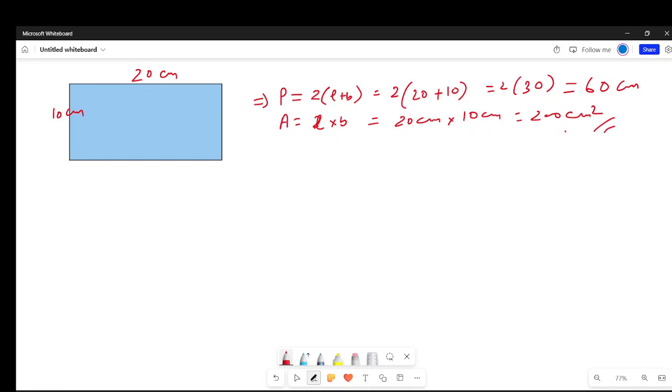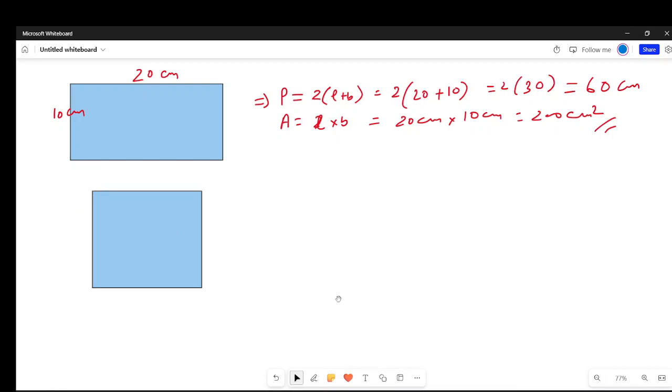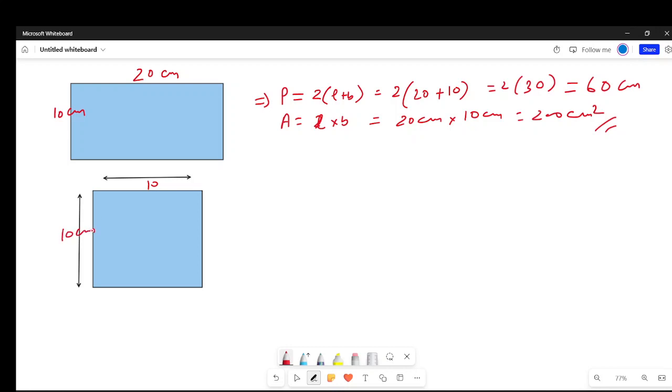Now, how can you find out the area of other shapes, such that if we draw a figure and each of these lengths is the same, this and this the same length, then suppose this is 10 centimeter, this is 10 centimeter, then it will be 10 centimeter, it will be 10 centimeter.